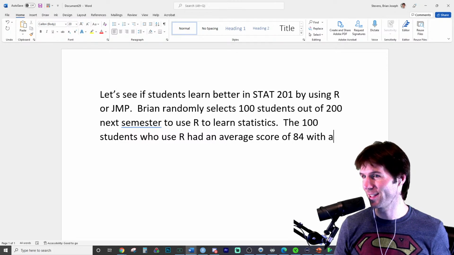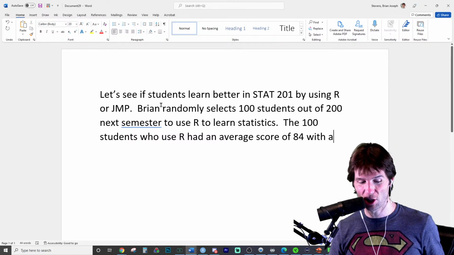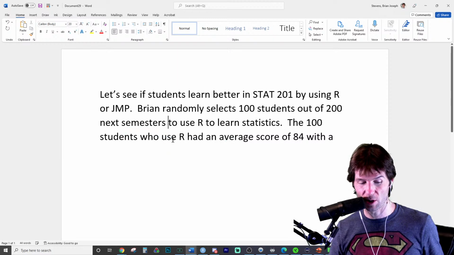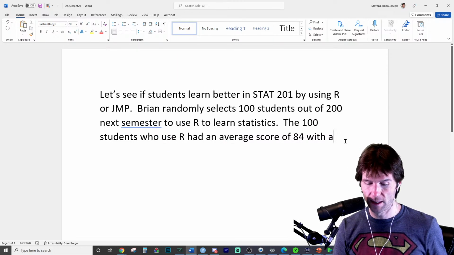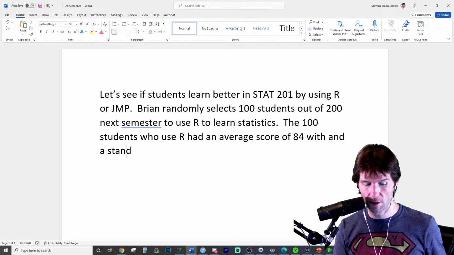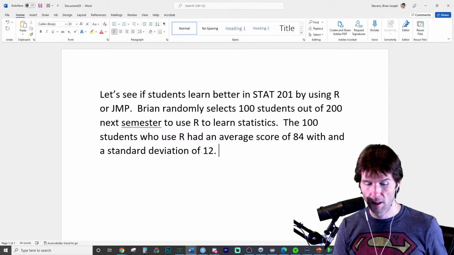Do you already know where this is going, Kayla? Can you tell me what we're doing right here? There should be enough information to figure out which way this question is going. A standard deviation of 12.